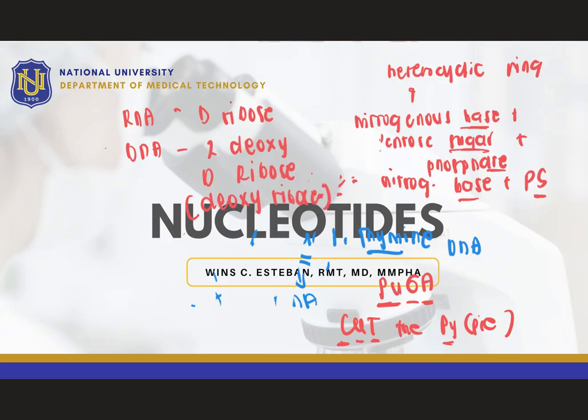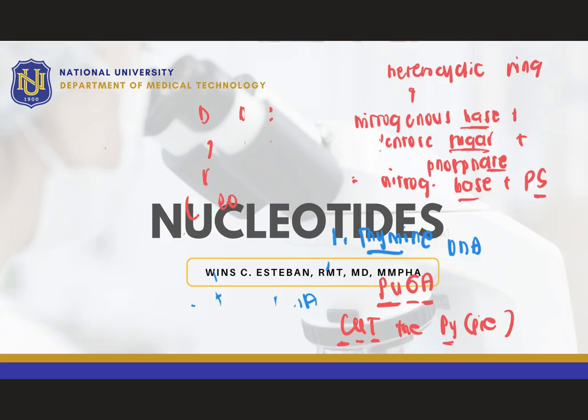Okay? So now let us further talk about your nucleoside. 'Di ba? If you can remember, sinabi natin kanina that your nucleoside refers to the combination of your nitrogenous base and your pentose sugar only. So, sino yung nagdidikit or the bond between the base and the sugar?